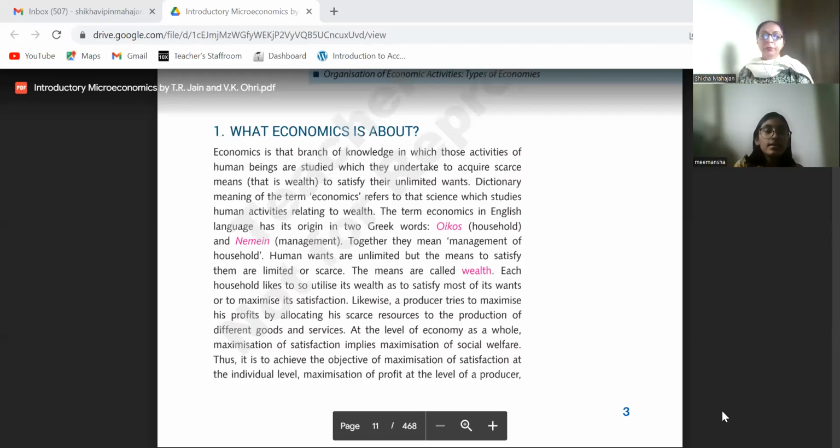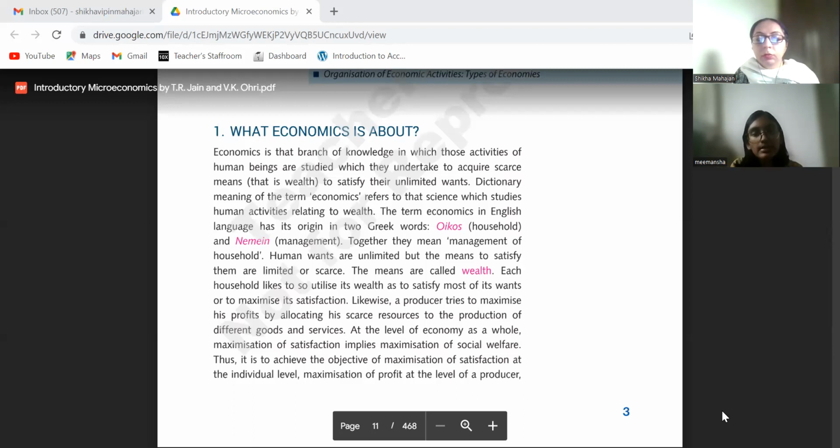Okay. Economics is that branch of knowledge in which those activities of human beings are studied, which they undertake to acquire scarce and limited ones. Dictionary meaning of the term economics refers to that science which studies human activities related to wealth.